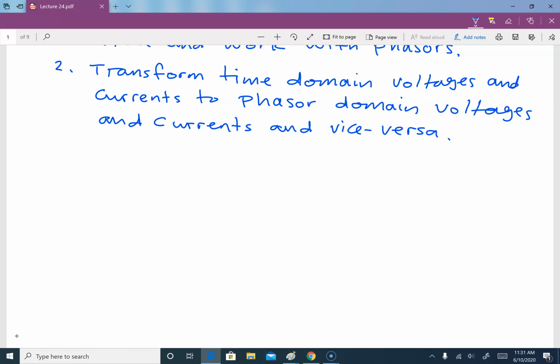So we will start with phasors. First, let us define a phasor.